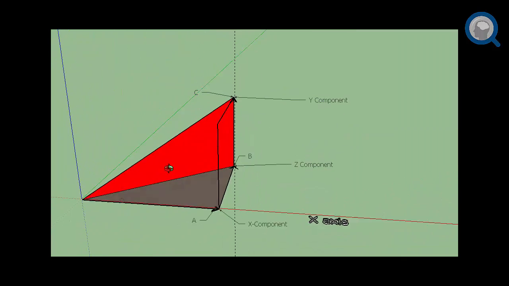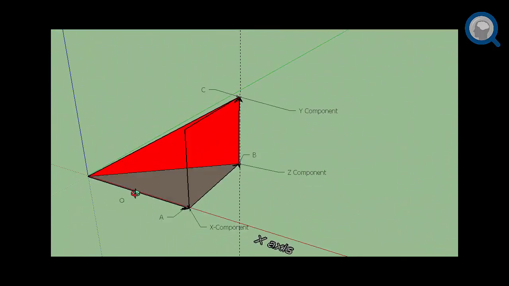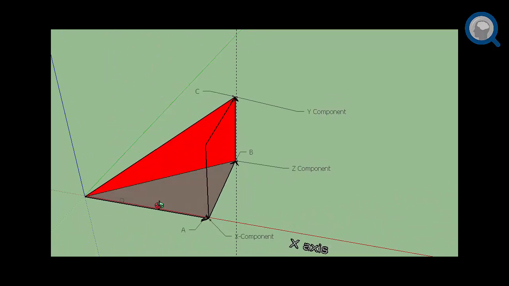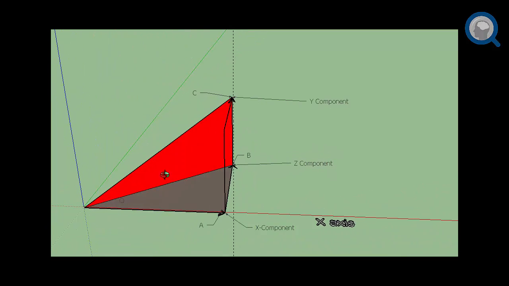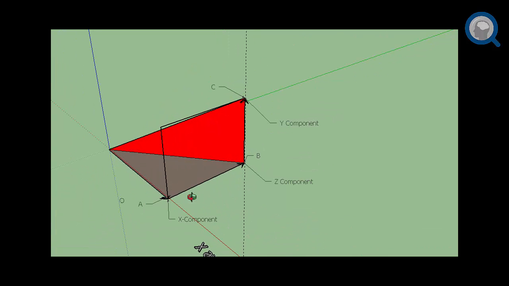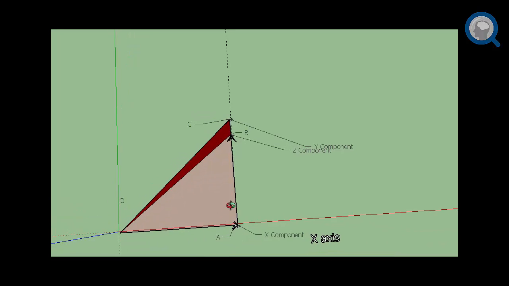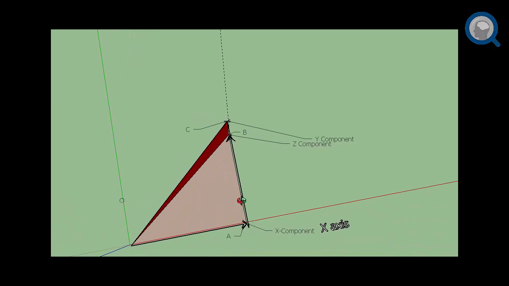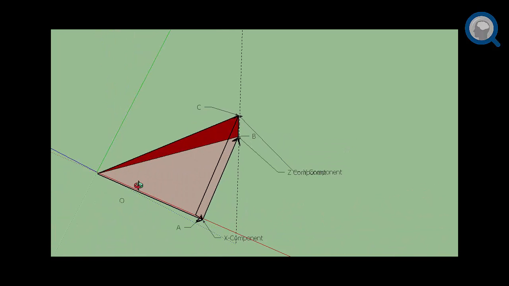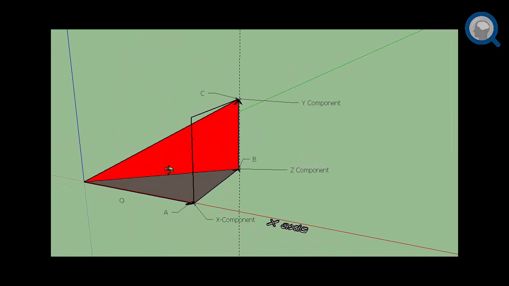Now we can see from this diagram very pictorially that OA is perpendicular to AB. If we look from the top view, we will clearly see that OA is perpendicular to AB. Similarly, we can also see that OB, the base line of our red triangle, is perpendicular to BC.